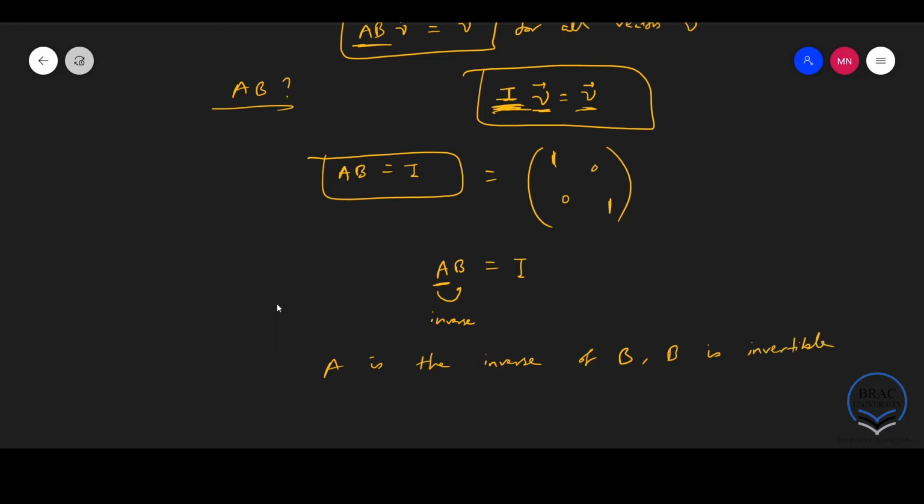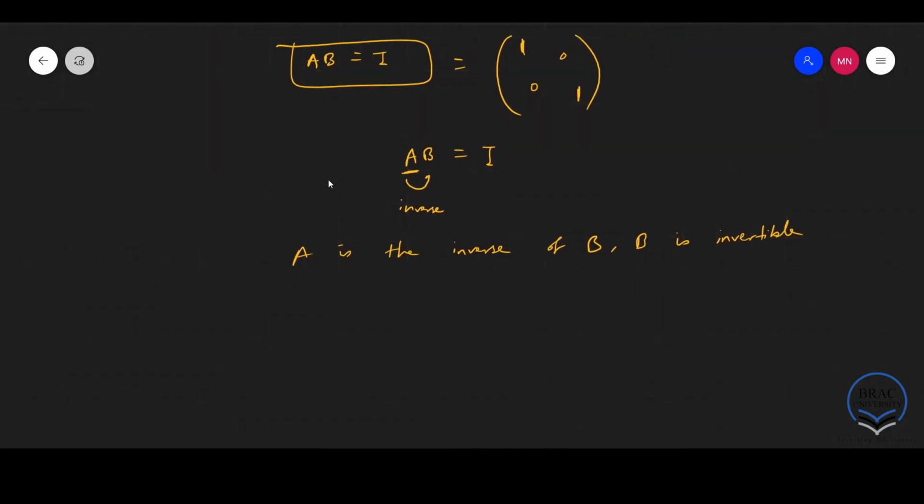If AB is equal to I, then A is the inverse of B and B is invertible. This means that B has an inverse, and in this case, the inverse is A. If a matrix is invertible, that means that matrix can be multiplied by another matrix to get the identity matrix. So if a matrix is invertible, then that matrix has an inverse.